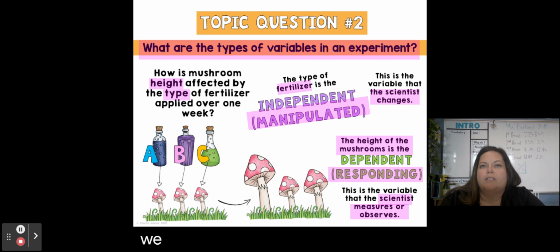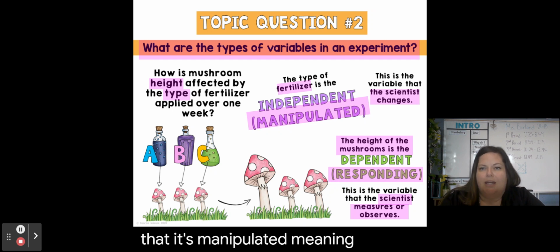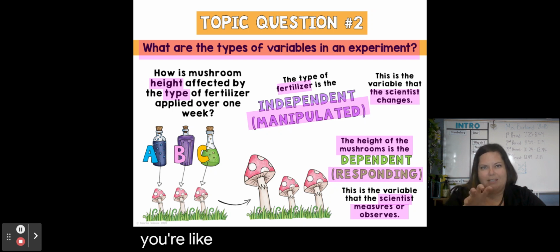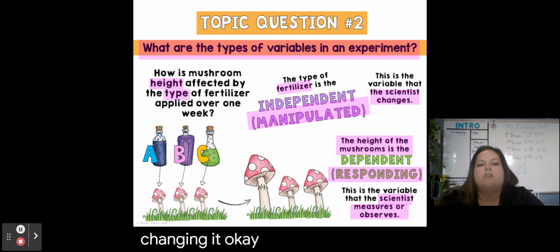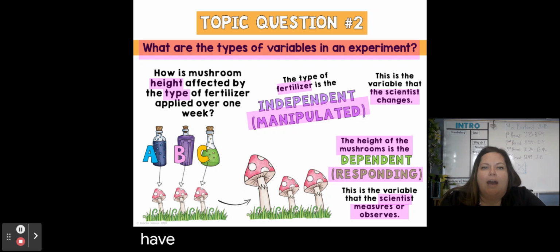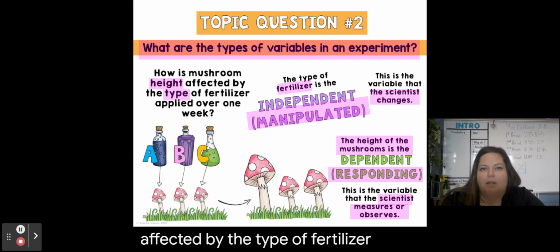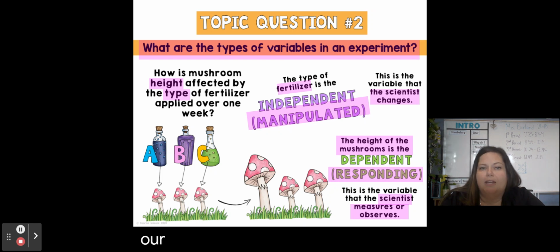Another way we discuss independent is by saying that it's manipulated, meaning that you're messing with it, you're changing it. For example, how is mushroom height affected by the type of fertilizer applied over 1 week? That's our experiment. So we're going to look for our independent variable in that experiment.